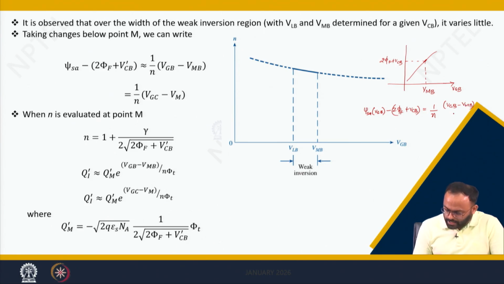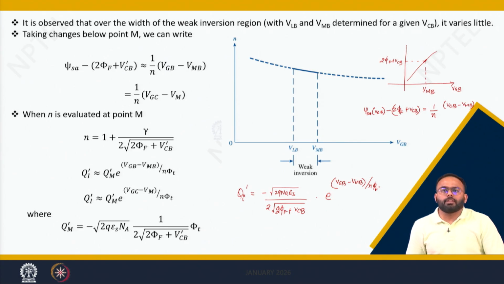I can simply replace this in our charge equation, where I will get Qi dash equals minus of square root of 2 into q into Na into epsilon s divided by 2 times 2 phi f plus VCB, into e to the power of VGB minus VMB over n times phi t.